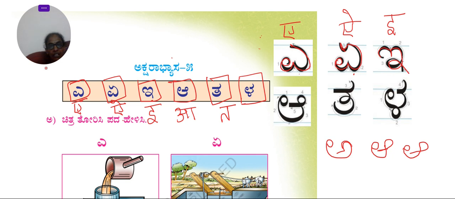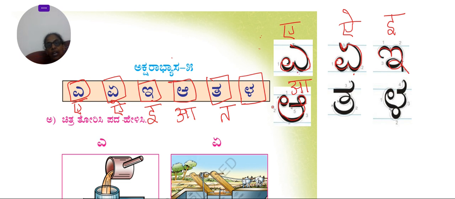If you trace along with the arrow, 1, 2, 3, 4, 5. So this is A. Again, this is the longer vowel of the sound A.